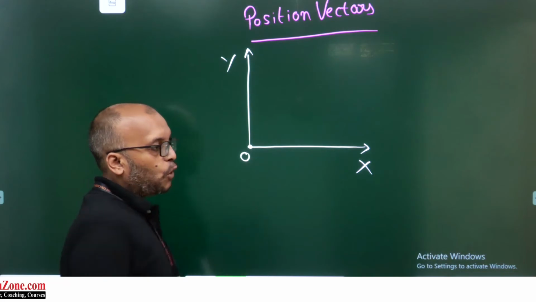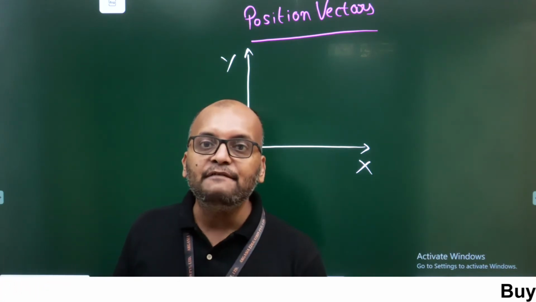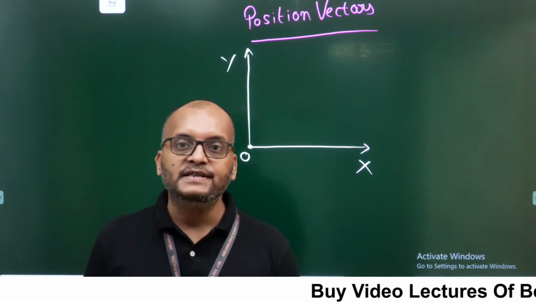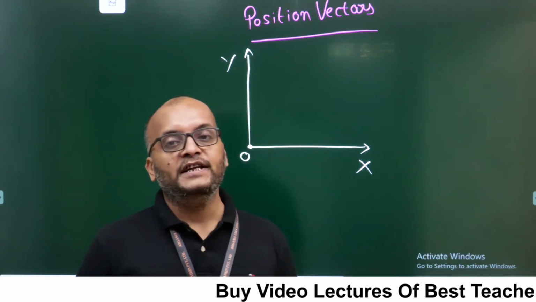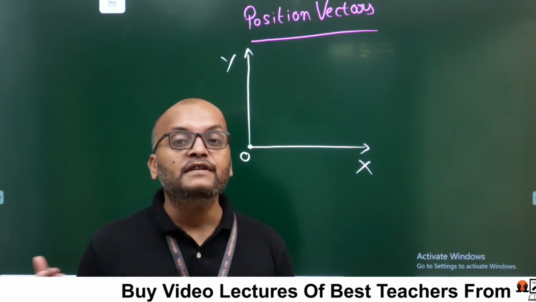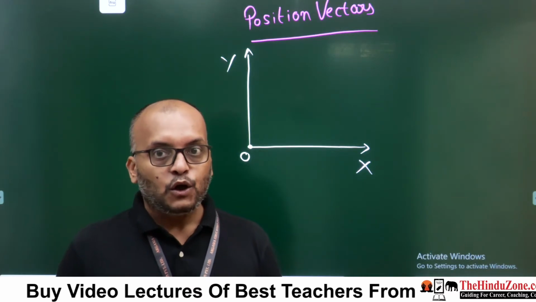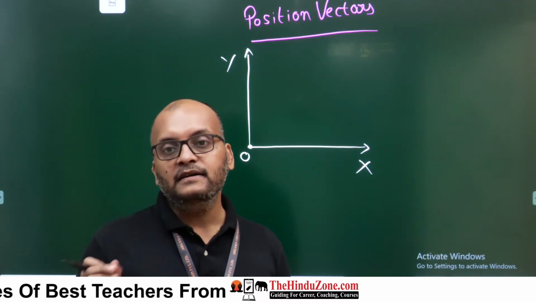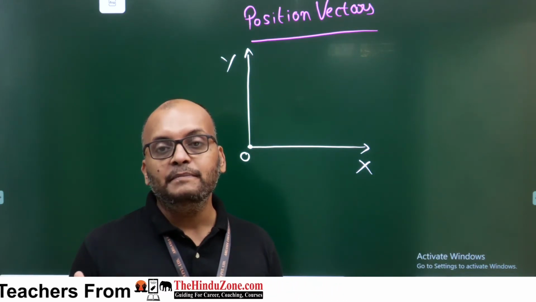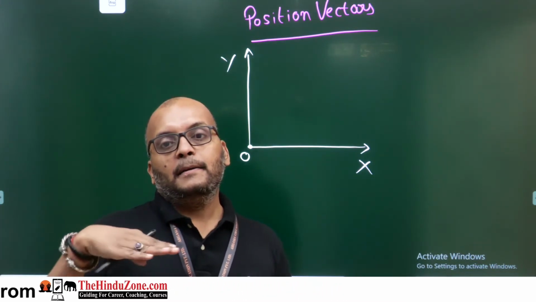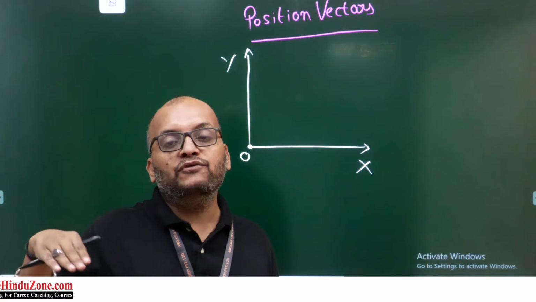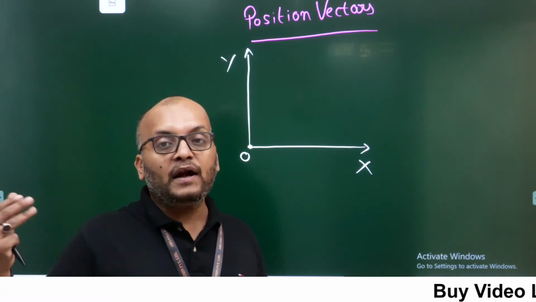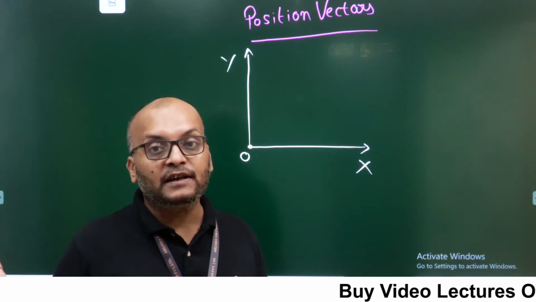With respect to origin, if you are given coordinates of any vector, that means you are talking with respect to origin. Origin is the starting point, the paramount point with reference to which you are telling the position of other vectors.